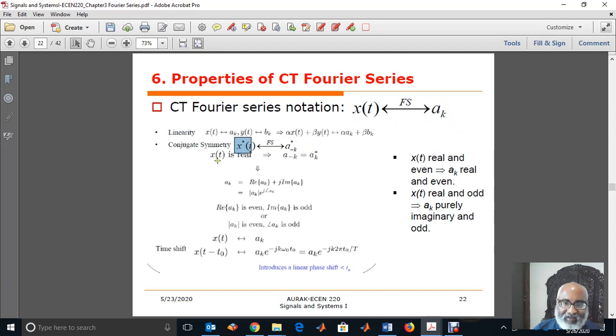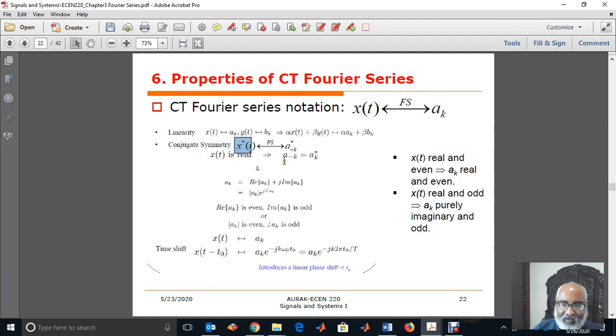If I have a real signal x of t, then the conjugate of x of t is the same as x of t. So that means a_k will be the same as a_minus_k conjugate.